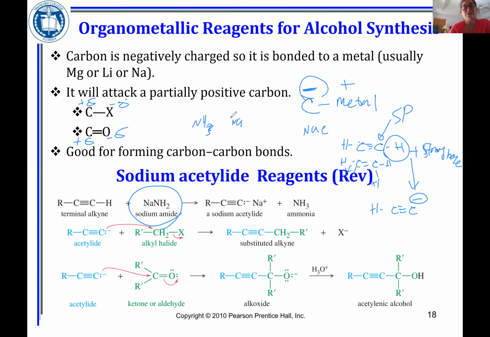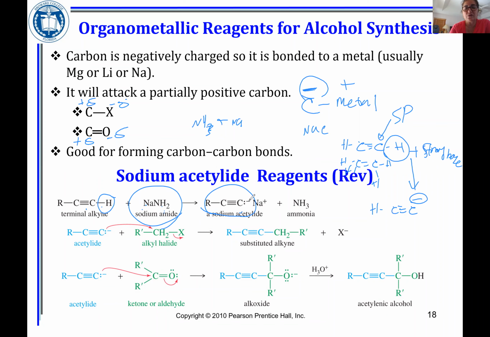If you add base to acid, it neutralizes, but if you add base to base, it's going to make it a stronger base. So sodium amide is one of the strongest bases, just like sodium or potassium itself. So it can remove hydrogen from weak acids. When it does remove, it's going to change to strong base. So weak acid, strong conjugate base.